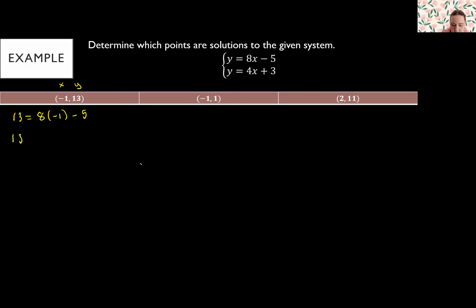So you're just checking, does the left side equal the right side? So on the right, we have -8 minus 5, and this actually comes out to -13. So because this ordered pair does not work in the first equation, we don't even need to bother checking the second because it has to work in both. So if it doesn't work in one of them, it's not a solution.